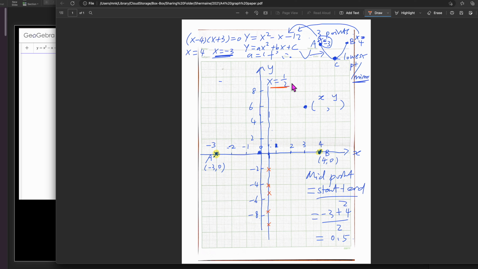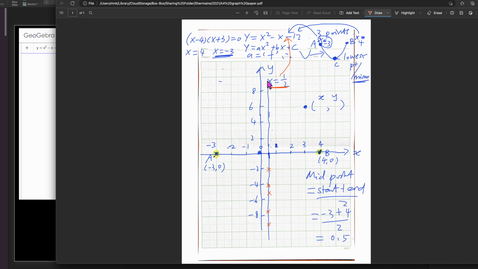You put half into that quadrilateral thing. Quadrilateral, that one is a four-sided figure. So you put half into it, you get negative 12 and 1/4.